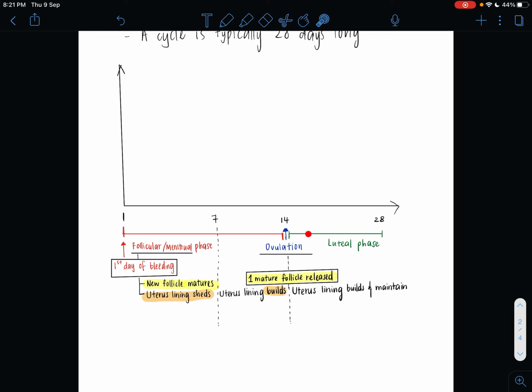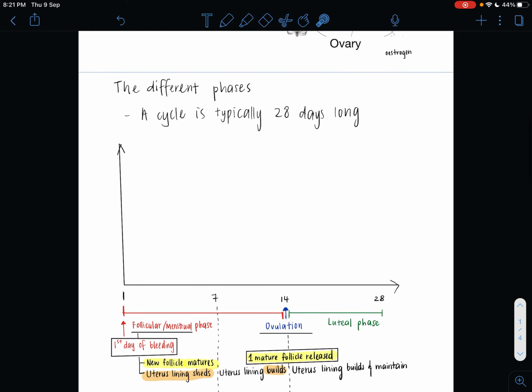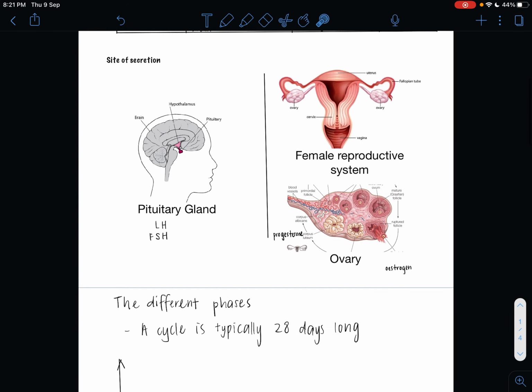A few days after ovulation, if no fertilization happens, the egg cell, the matured follicle which is released to the fallopian tube, would eventually die, and it would send a signal to your body that fertilization did not happen.